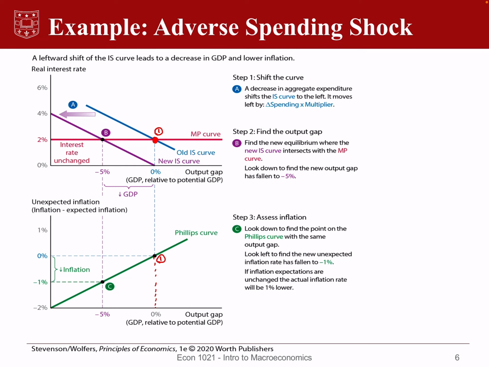Now, what we saw on the Phillips curve is that when we do not have an output gap, at that point we have full employment.